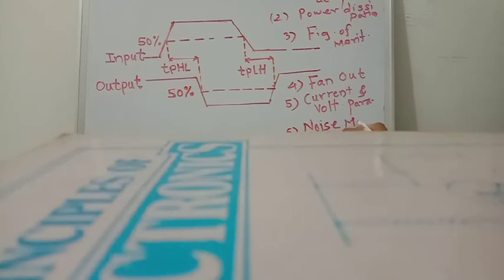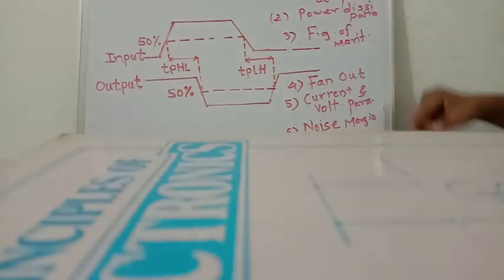And 7, operating temperature range. So these are the total 7 characteristics of digital IC.